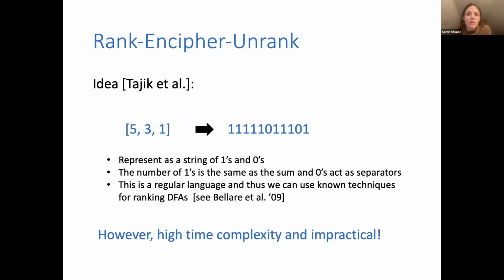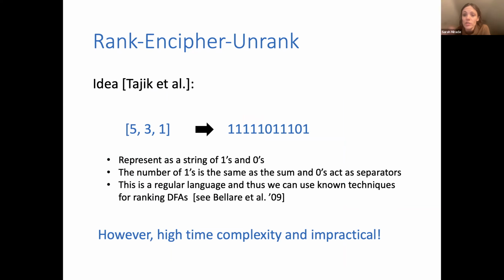So Tajik et al. realized that we could use this approach for the problem of sum preserving encryption. They proposed representing a vector as a string of ones and zeros. This is the stars and bars construction from combinatorics, if you've seen that before. Looking at our example, the first number is 5, so we replace that with 5 ones and then a 0.